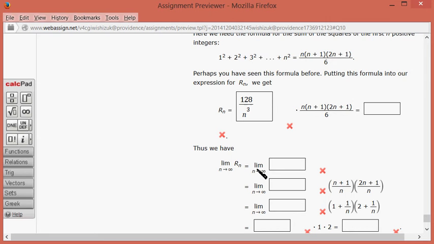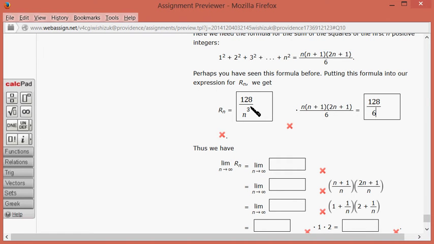And then this is going to be equal to, let's see, we can at least cancel out the n's. So you have 128 divided by 6, 128 divided by 6.